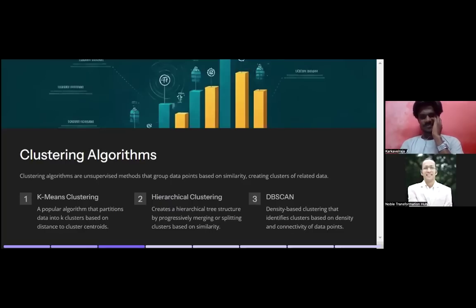meaning different classes or groups, based on distance and cluster centroids. Like which is the nearest point to the centroid. Based on the centroid it will create clusters.